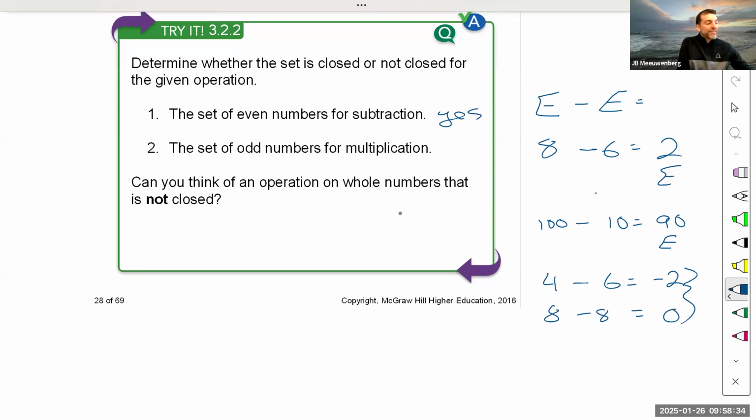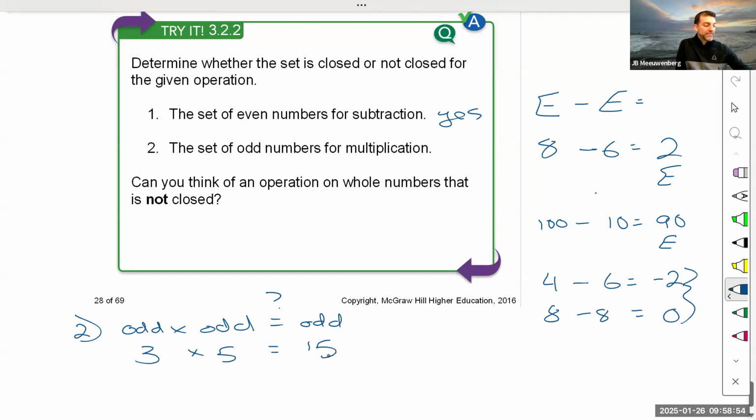How about number 2, the set of odd numbers for multiplication? So number 2, if we take an odd times an odd, that's what we're checking. Do we get an odd number back? Well, let's try. So an odd number, 3 times an odd number, 5. 3 times 5 is 15. Is that odd? Absolutely.